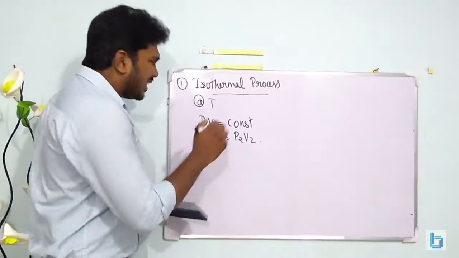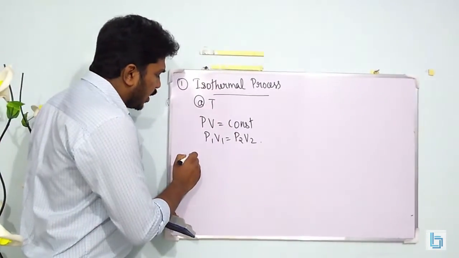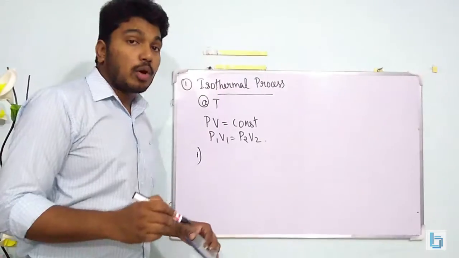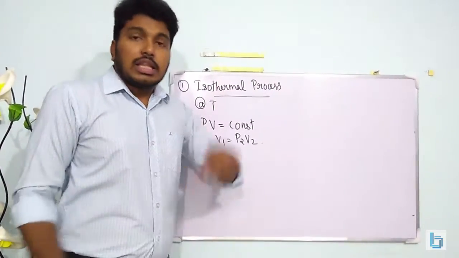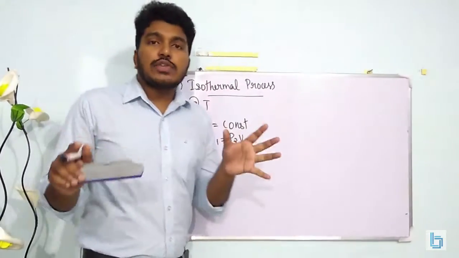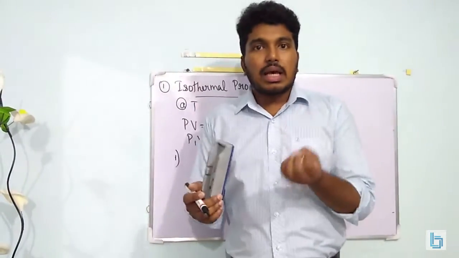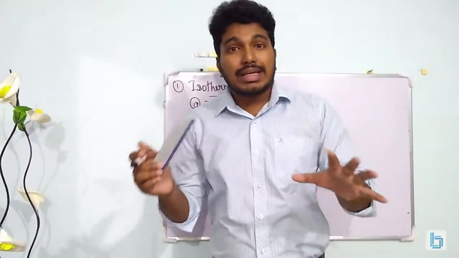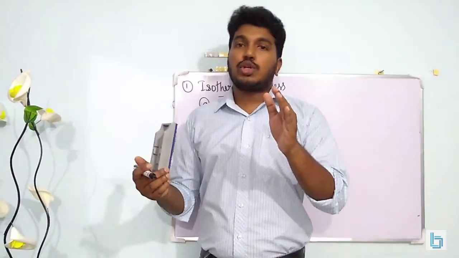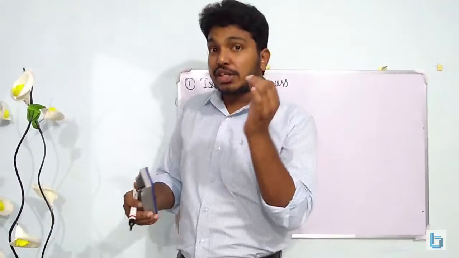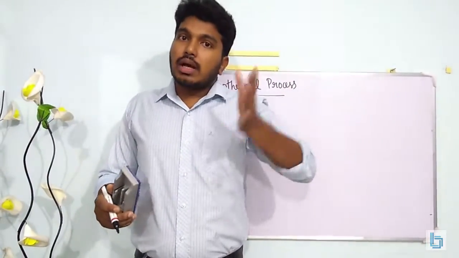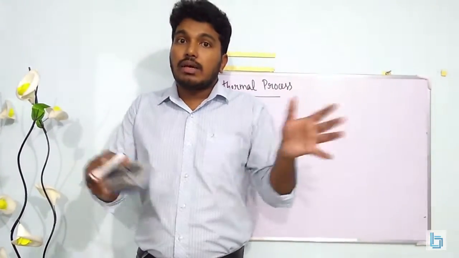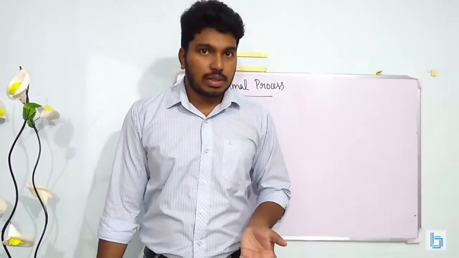Okay. Now there are two essential conditions you have to remember here for a process to be isothermal. The first condition is the walls of the container in which the gas is kept should be perfectly conducting. Then only a free exchange of the heat energy can take place. Isothermal means temperature is a constant, right? So if the walls are insulated, there won't be a free flow of heat in the surroundings.